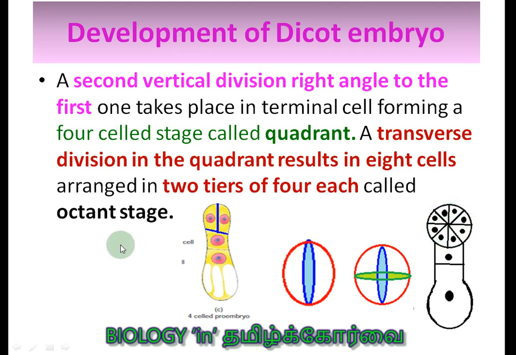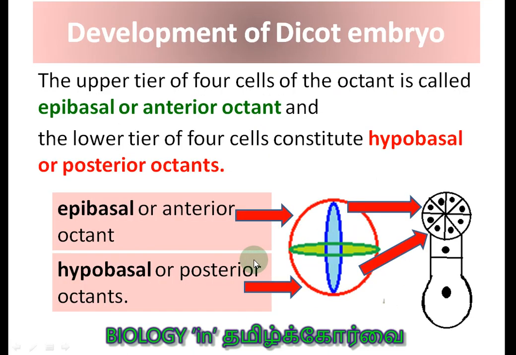Now this is called the octant stage. Octa means 8, octant stage. Quadra means 4, quadrant stage. So the quadrant stage undergoes a transverse division, which leads to the formation of the octant stage. Now let us go to the next slide.